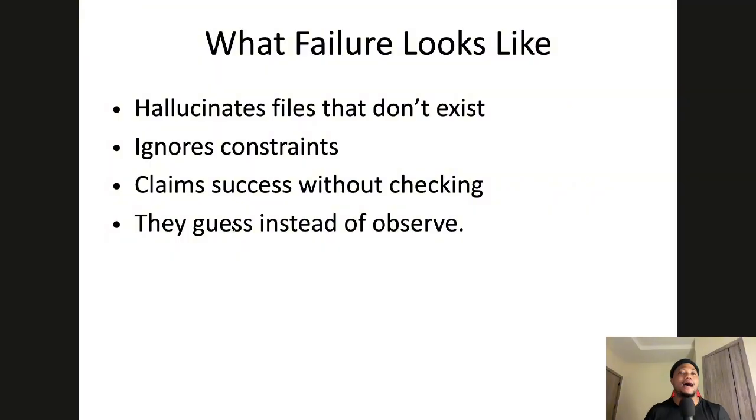The reason that happens is that I had not figured out how context really works. It lost context, and how you feed your data into your AI model is also very important, because you don't just want to send anything to it. It hallucinates, it will ignore constraints, it will claim success without checking.